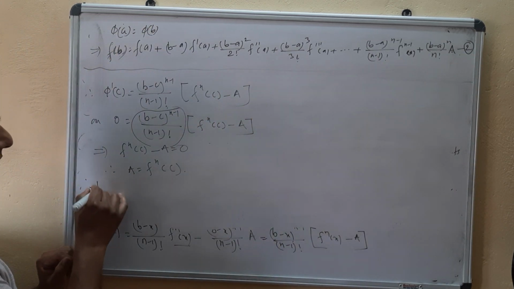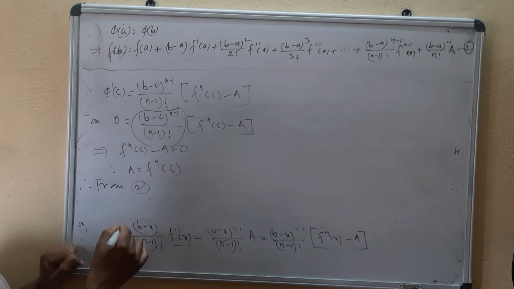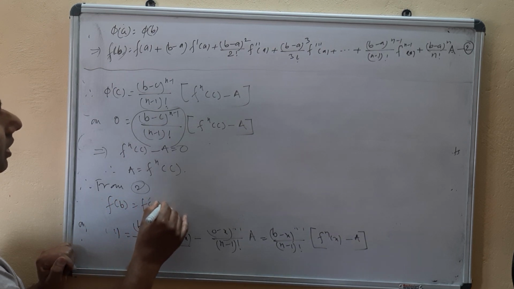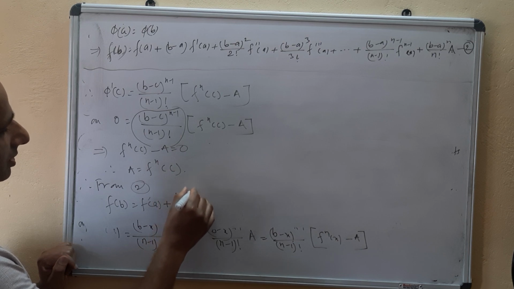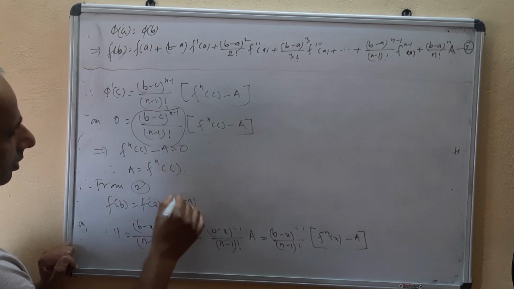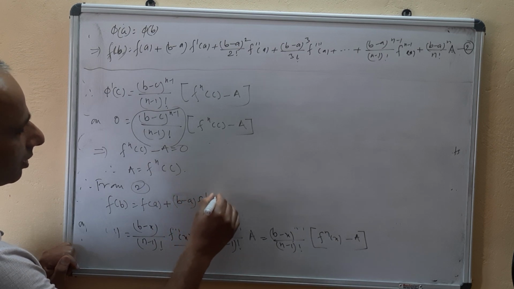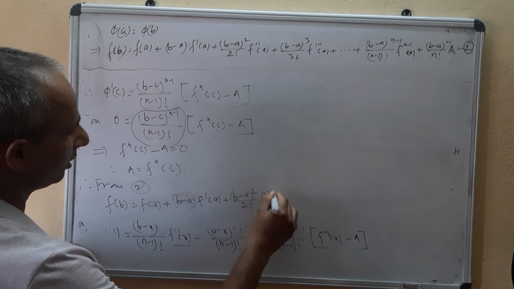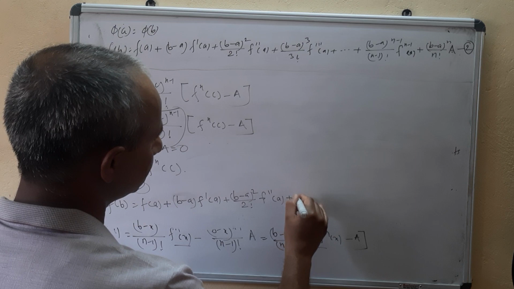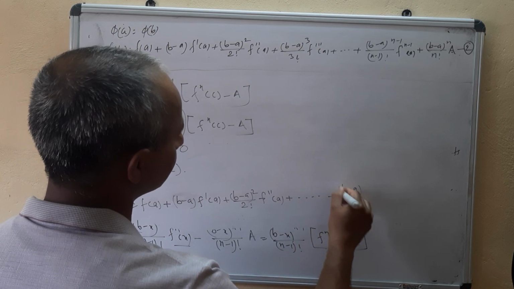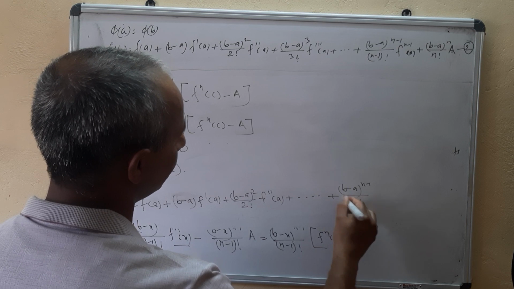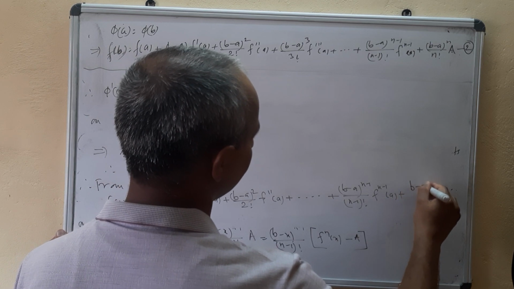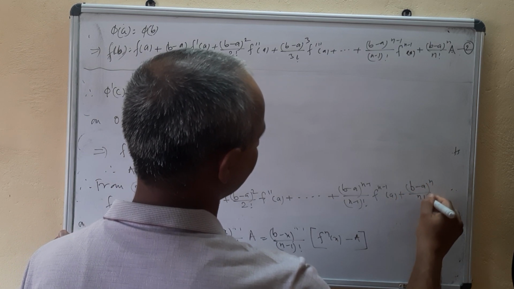So therefore from expression 2, substituting values, we get f of b equal to f of a plus (b minus a) f dash of a plus (b minus a) whole square by 2 factorial f double dash of a plus ... plus (b minus a) whole power n minus 1 upon n minus 1 factorial fn minus 1 of a plus (b minus a) whole power n upon n factorial.